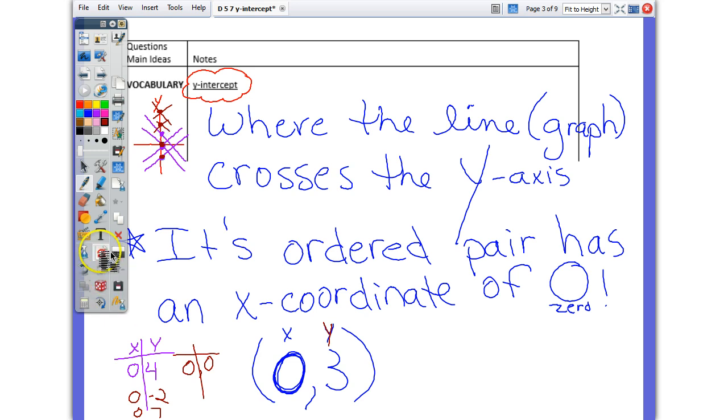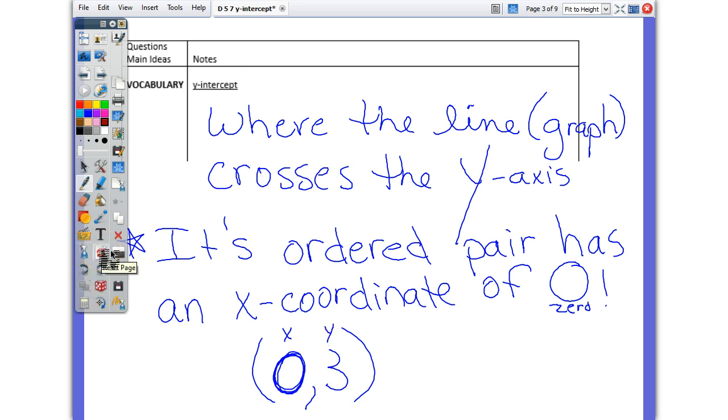Now another thing we need to remember, we talked about this in a previous lesson, the slope-intercept form, y equals mx plus b. In this formula, the m is our what? Slope. Get this in your notes, please.